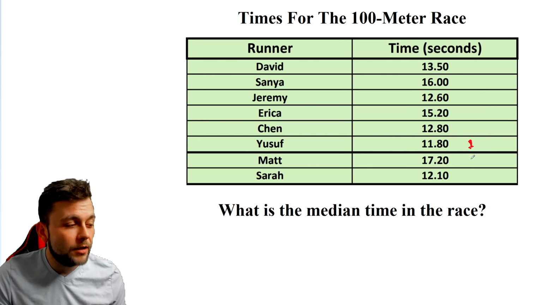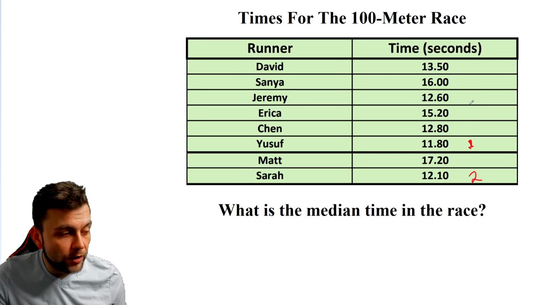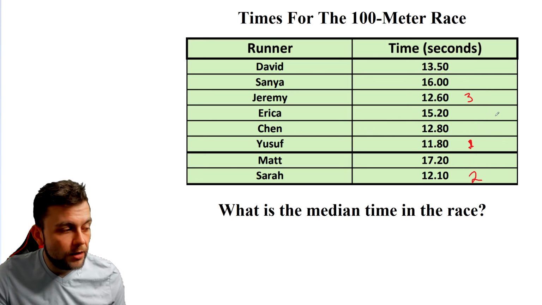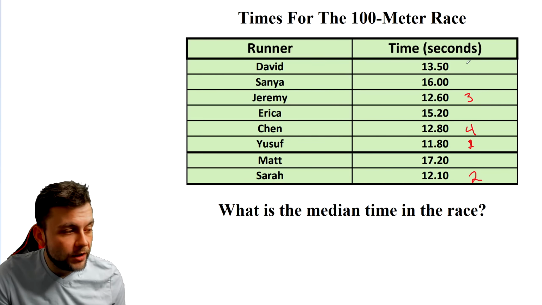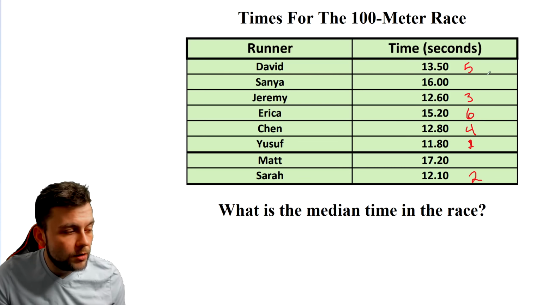And then it moves on to 12.1, so that one is number 2. 12.6 is number 3. 12.8 is number 4. 13.5 is number 5, and number 6 is 15.2, and then 16 is 7, and then it is 8.